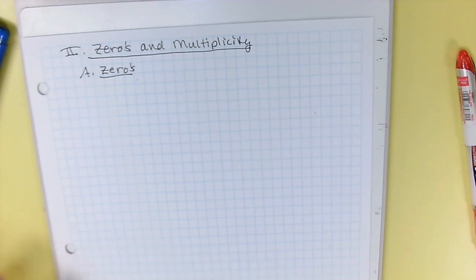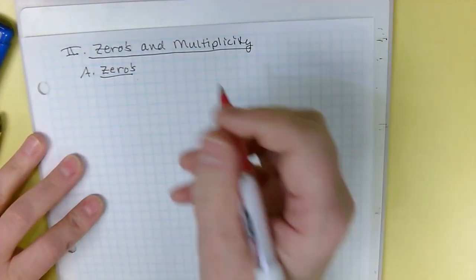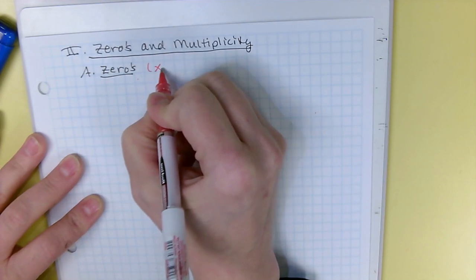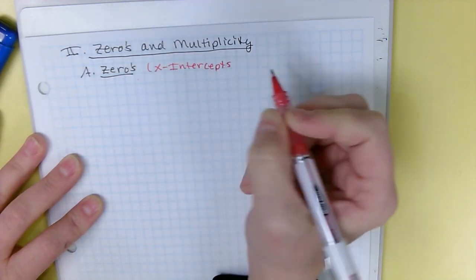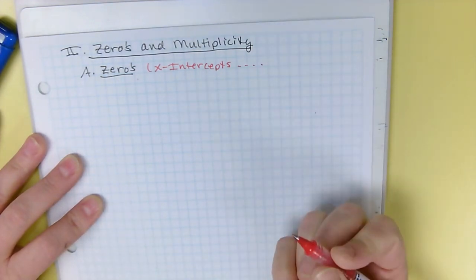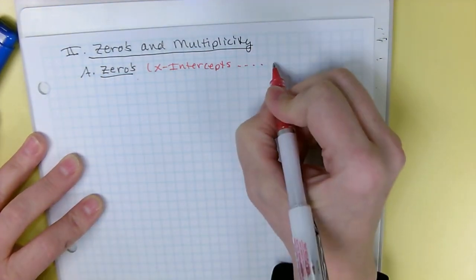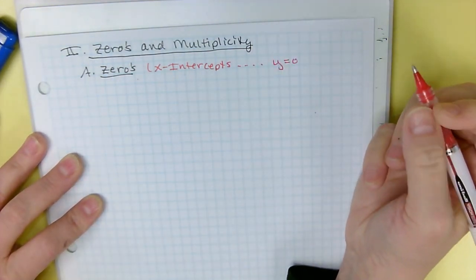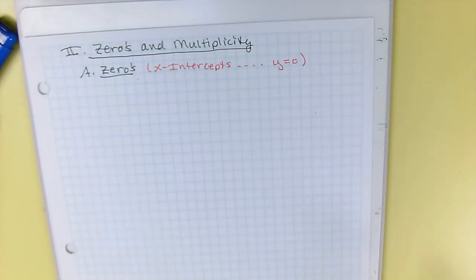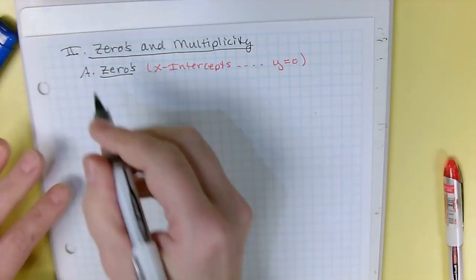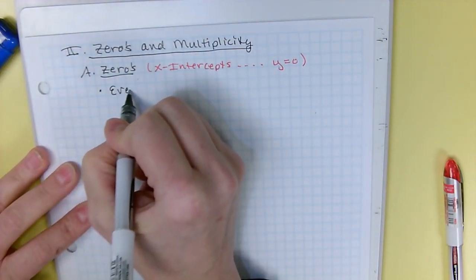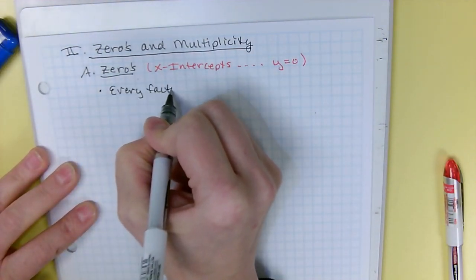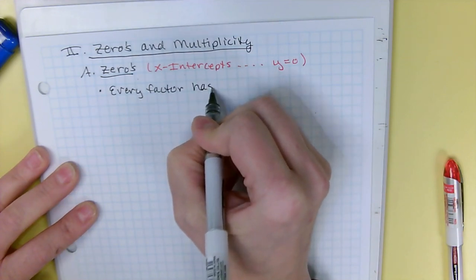Okay, to find the zeros of a function, first thing you need to understand is that zeros are the x-intercepts. They get their name because at an x-intercept, y equals 0, and that's why they're called zeros. So what you need to understand about zeros is that every factor has a 0.